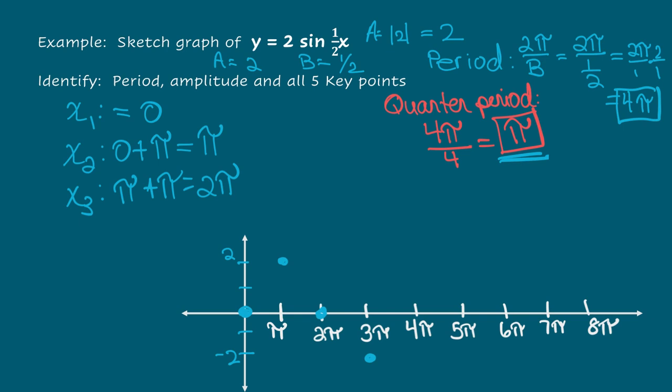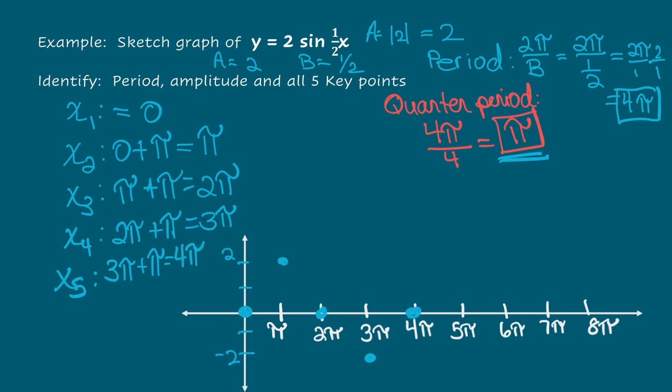I only come down to a minimum of -2. So my fourth point is 2 pi plus pi, which equals 3 pi. And then I need to come back up to 4 pi, and that's where my cycle ends. So my fifth key point, so when you're asked for the 5 key points, this is what we want. 3 pi plus pi is 4 pi.